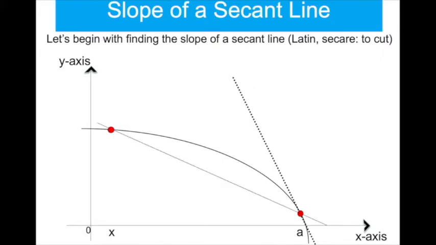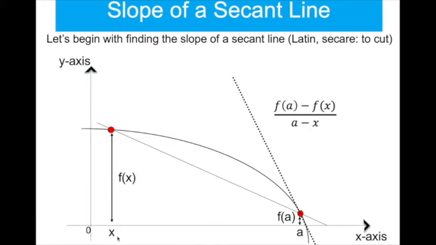The gradient of the secant line is change in y over change in x. So this is the change in y, f of a subtracted by f of x, and then divided by change in x, a subtracted by x.